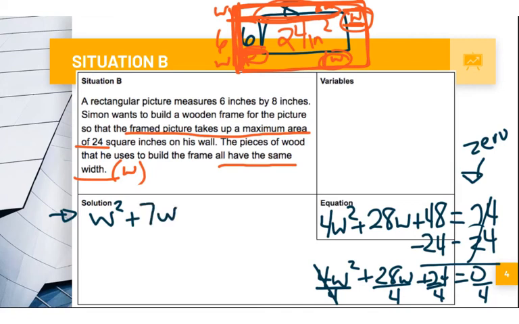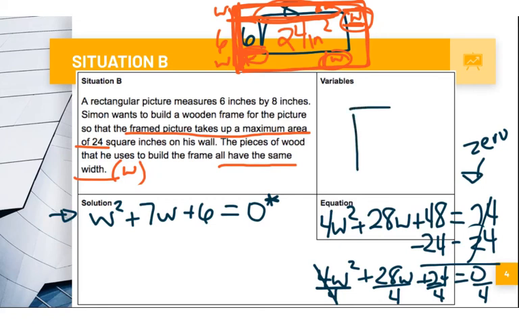And 24 divided by 4 is 6. Again, it's important that I've got a 0, because without that 0, I cannot do factoring and use my zero product property.